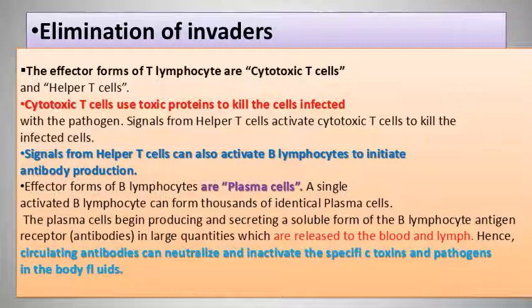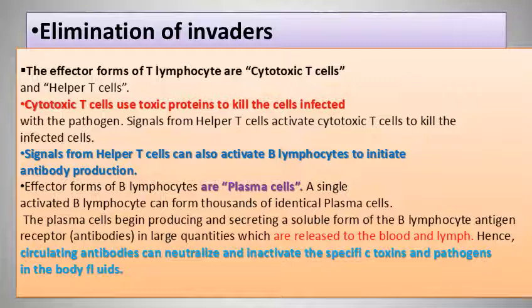So a single activated B lymphocyte can form thousands of plasma cells. Plasma cells secrete the soluble form of the B lymphocyte antigen receptor, antibodies, in large quantities, which are released into the blood and lymph. So this is the explanation for the previous chart. The circulating antibodies can neutralize and inactivate the toxins and pathogens in body fluids.